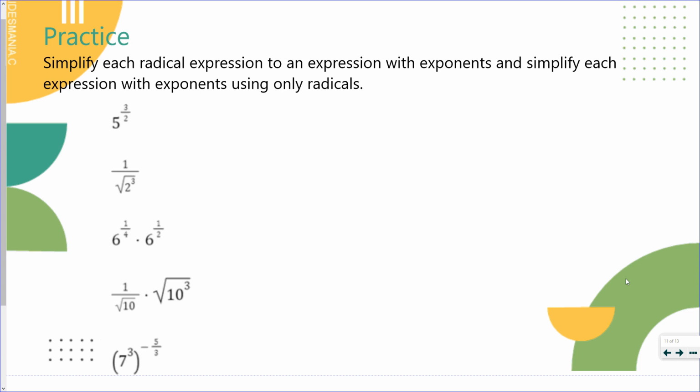So like the first one, 5 to the 3/2 power. So can we write it as a radical? Well, let's see. Square root. Okay, so the 2 says it's a square root. So square root of 5 to the 3rd. That works. You could also do root 5 to the 3rd.